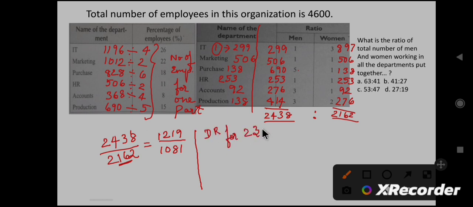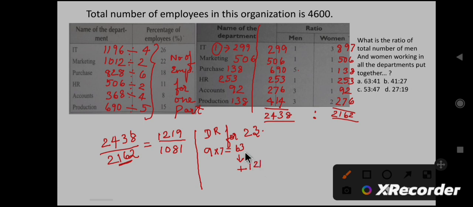The divisibility rule is: suppose I have to check whether 1219 is divisible by 23. First we take the last digit, which is 9, and multiply it by 7. If we multiply 9 into 7, we will get 63. To this answer, we have to add the remaining number. Out of 1219, we have taken only 9, and the remaining 121 we have to add to 63.